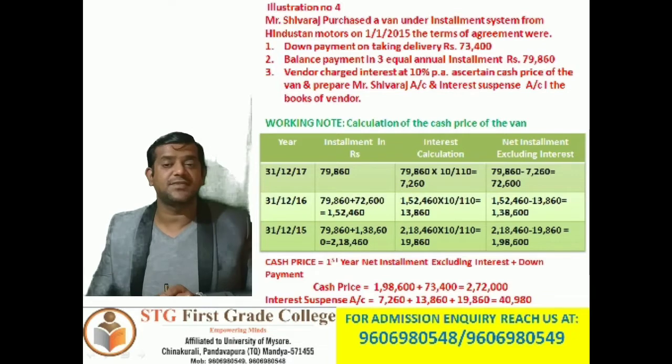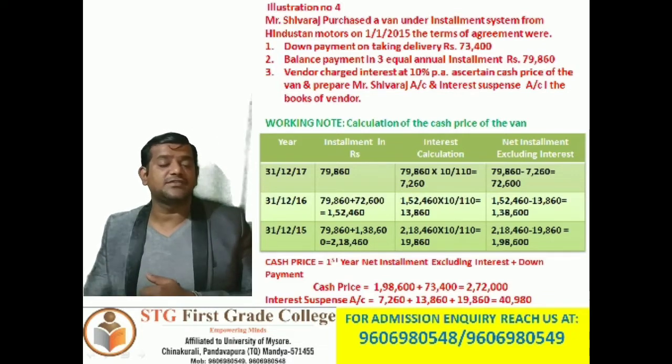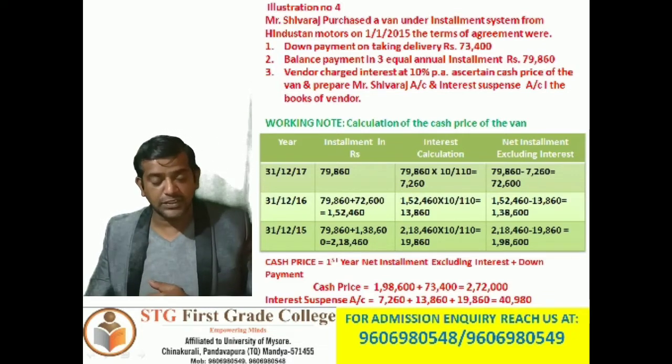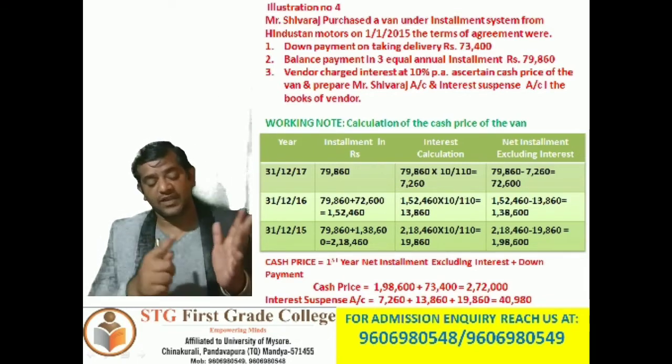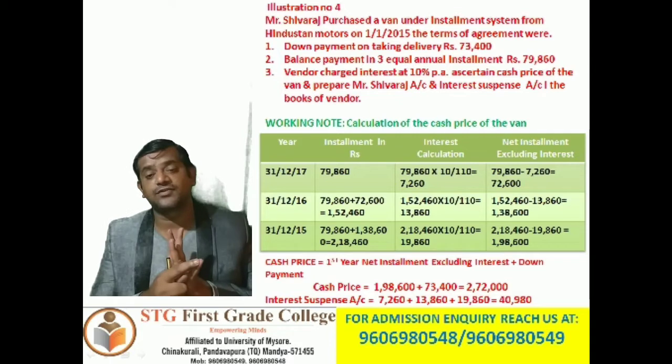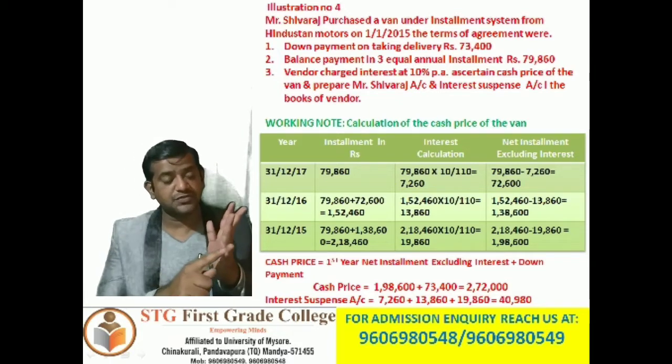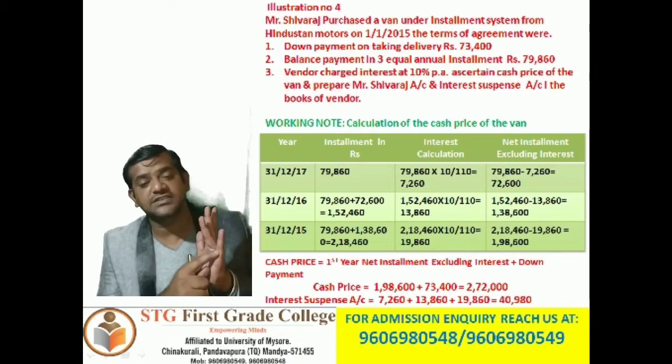31/12/2017. Why 17? Because he said 3 equal annual installments of rupees 79,860. We bought the van in 2015, so 2015 is the first year, 2016 is the second year, and 2017 is the third year.